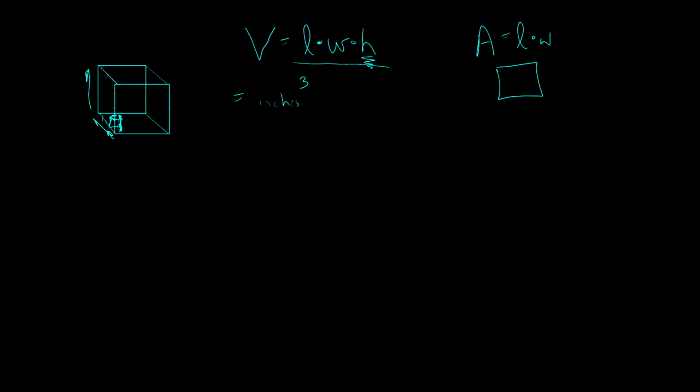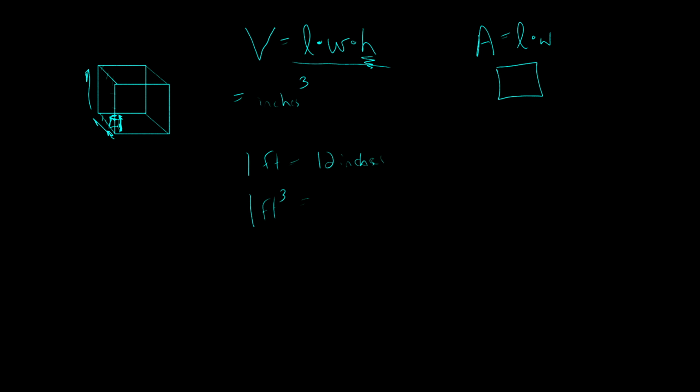And so we do the same process with conversion factors in volume. If I have 1 foot equals 12 inches, then in 1 foot cubed, I cube this entire side.